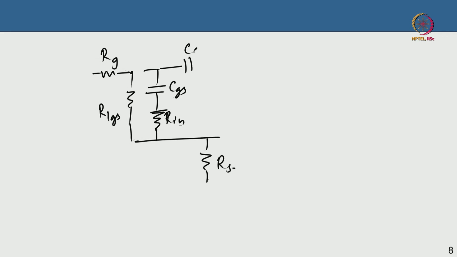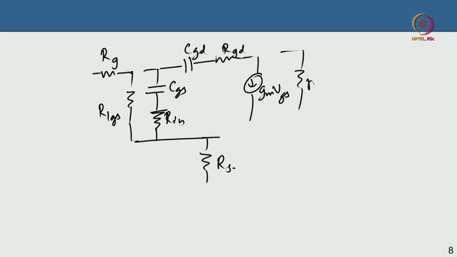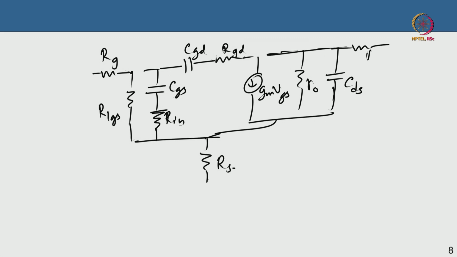This is the gate drain capacitance, this is the gate drain resistance, and then I have gm·VGS, the current flow, then I have the output resistance, then I have the CDS, the drain source coupling capacitance. So I have brought it here, and then of course I have the drain resistance here, and then the drain there. Of course I had a parallel connection of RLGD, the drain leakage. If the barrier is good, you can ignore that.